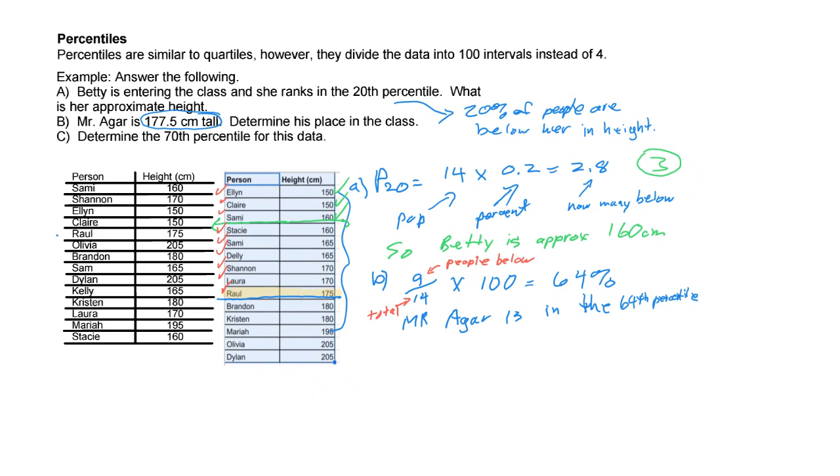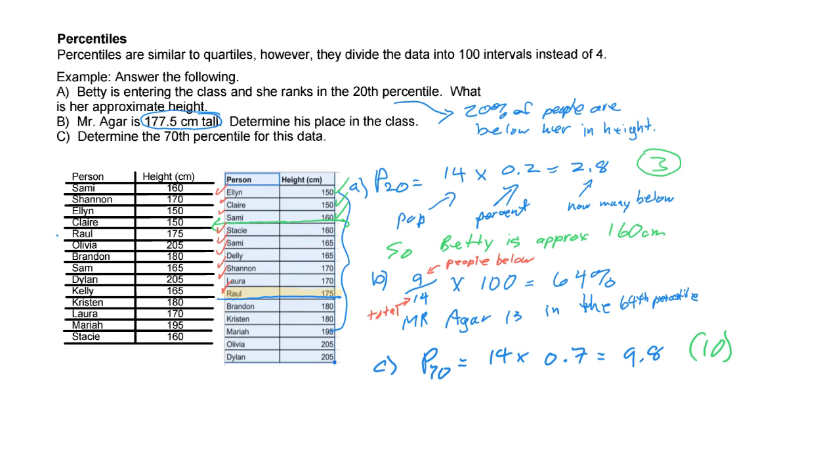So if I want to find the 70th percentile, I literally have to find P of 70, which is just 14 times 0.7, which is approximately 9.8, which is really 10.